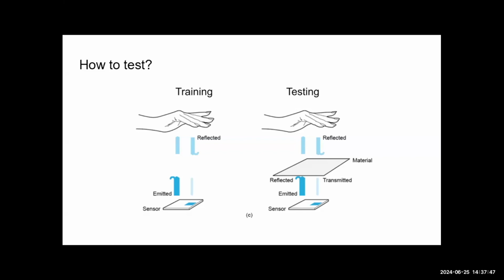We use this condition to train our models. When testing the model, we introduce this: we have our sensor here, the material here, and the gesture plane here. So we train our model with the no material setup, and we test the same model with material data.